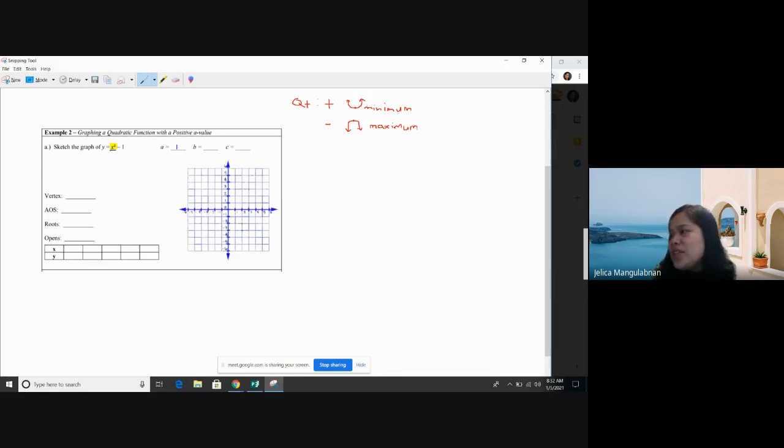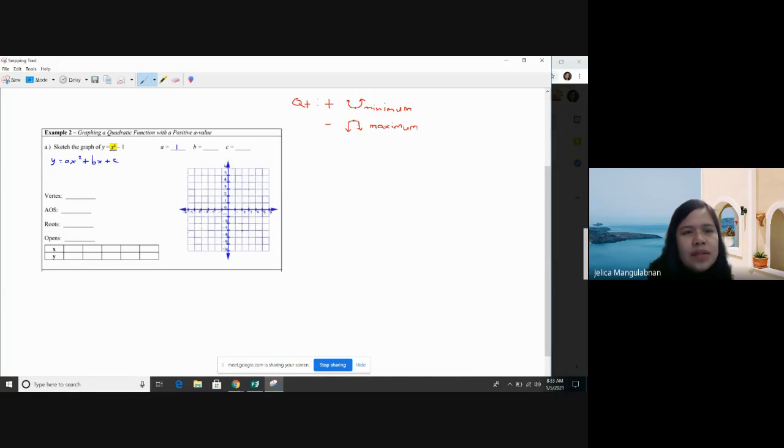Now, next question. What is the linear term? What is the numerical coefficient of the linear term? Can you see a number with an x? Good job. Don't forget, the standard form is y is equal to ax squared plus bx plus c, where bx is the linear term.